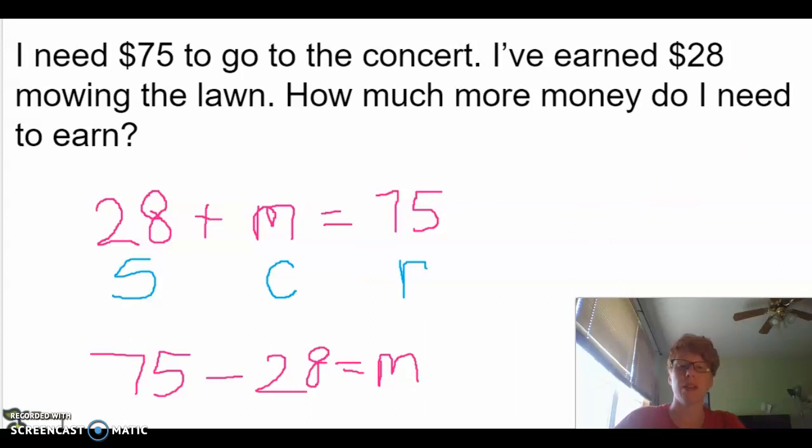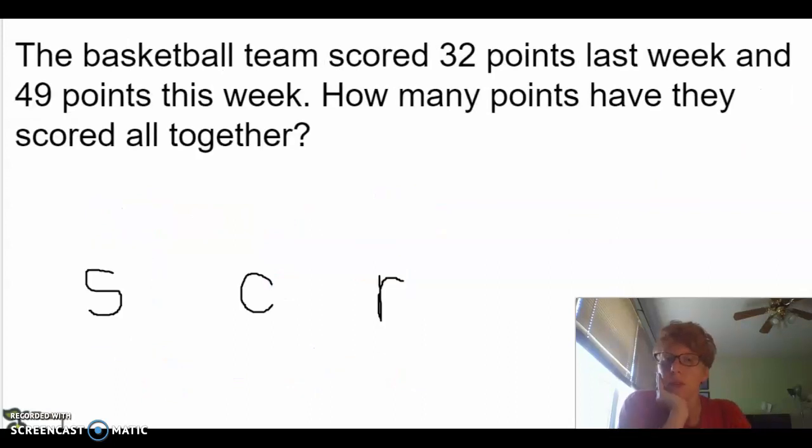That's another way to show this word problem. Let's erase and find another. The basketball team scored 32 points last week and 49 points this week. How many points have they scored all together? This one seems kind of straightforward. The team started with 32 points. Then what happened to the amount of points? It changed.